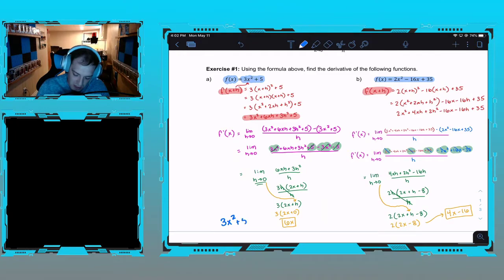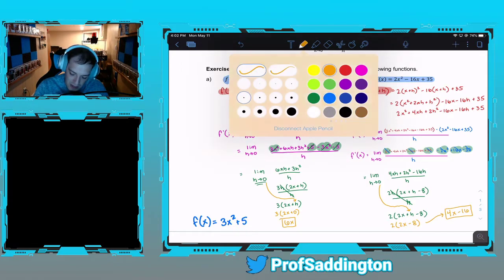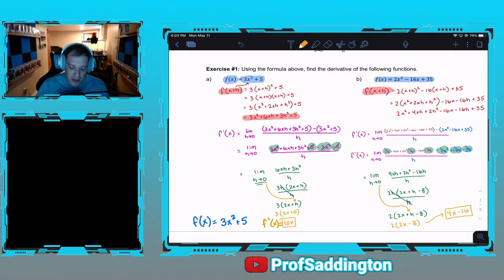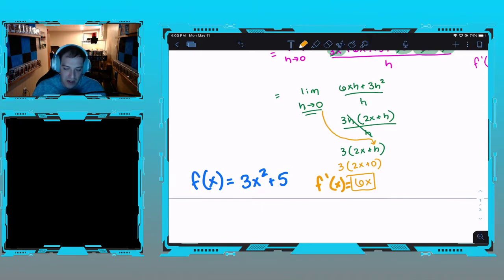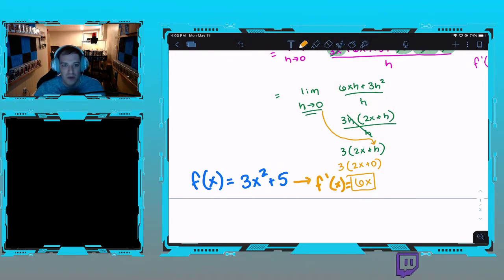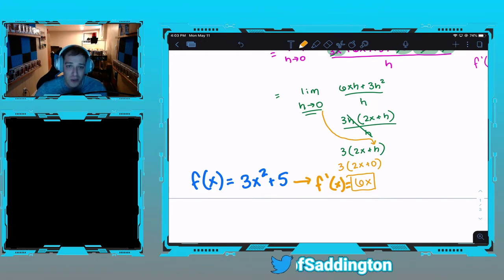This was the original function, this f of x. And this part right here is what we call f prime of x. There is a math pattern that happened here that went from the blue to the orange, but again, I don't expect you guys to see that after only seeing 2 examples of this.